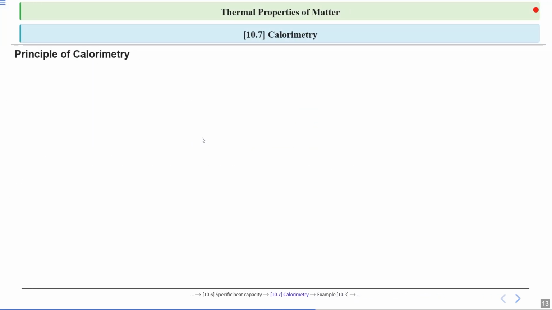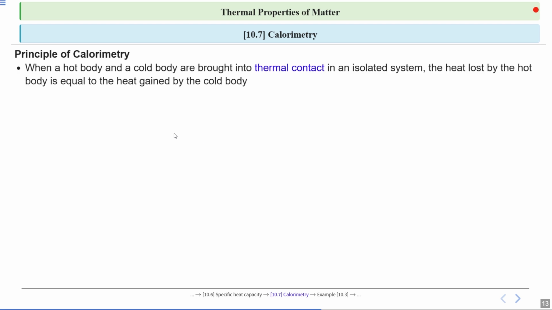Principle of calorimetry. When a hot body and a cold body are brought into thermal contact in an isolated system, heat lost by the hot body is equal to heat gained by the cold body.